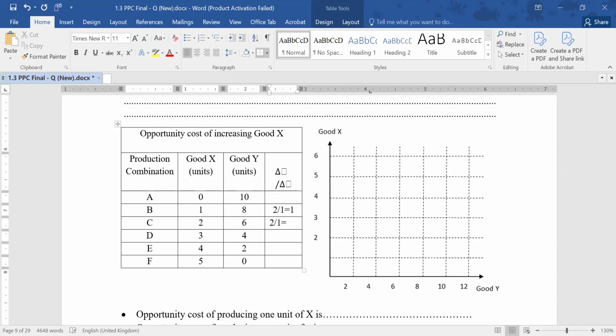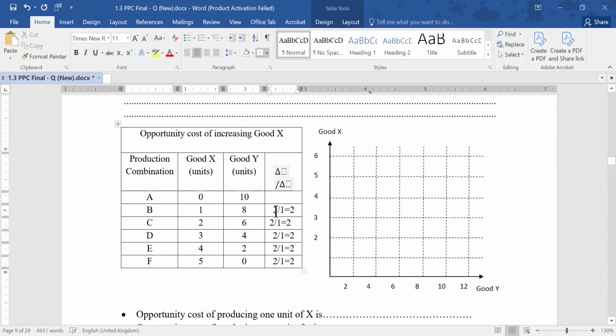Initial one also 2. So third one, 6 to 4, foregone amount is 2 divided by 1, increased amount unit of X is 1. So here also 2. And 4 to 2, foregone amount is 2 divided by 1 equals 2.